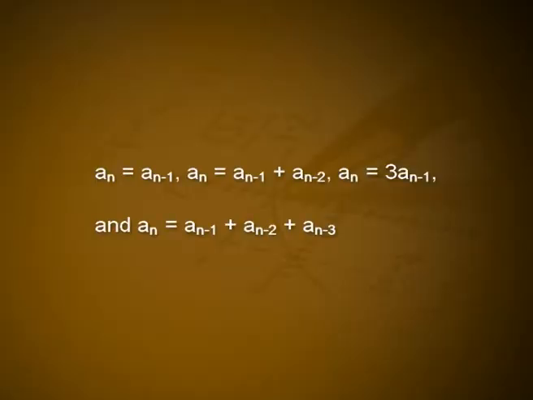The associated linear homogeneous recurrence relations are a_n = a_(n-1), a_n = a_(n-1) + a_(n-2), a_n = 3a_(n-1), and a_n = a_(n-1) + a_(n-2) + a_(n-3) respectively.